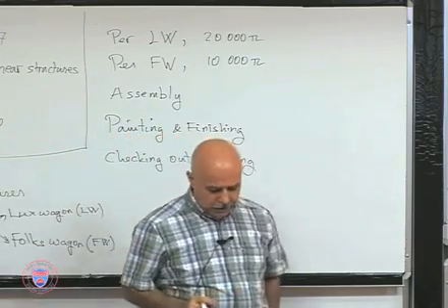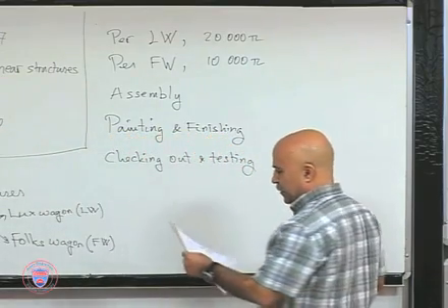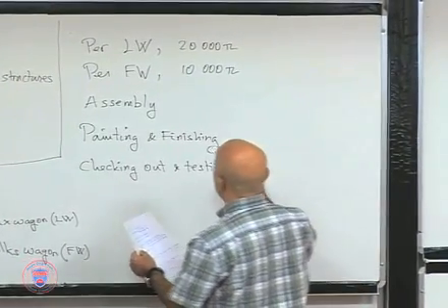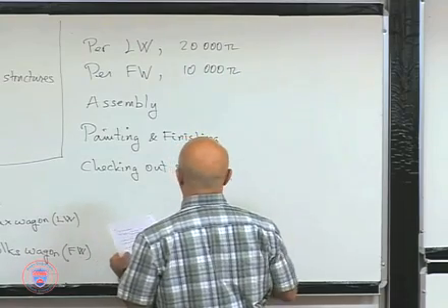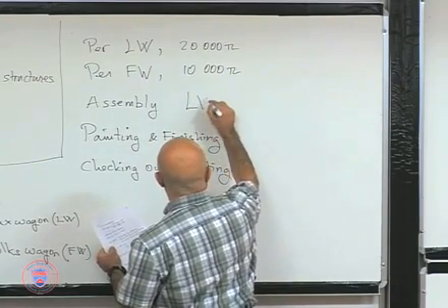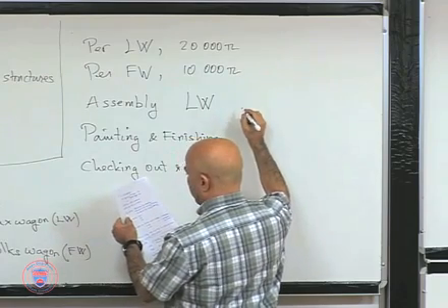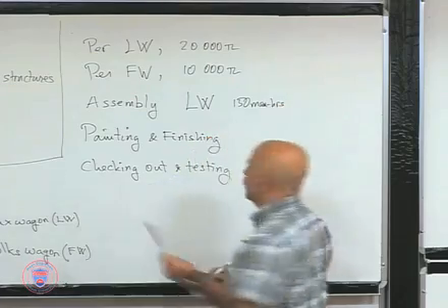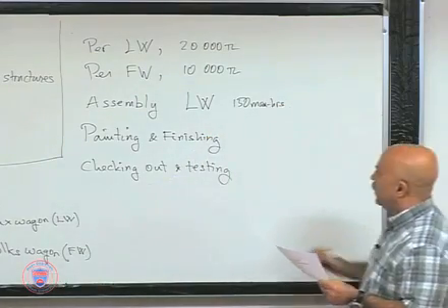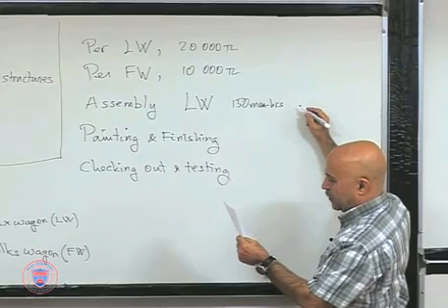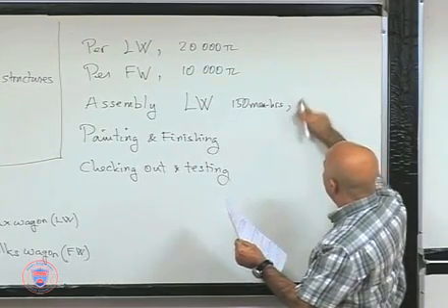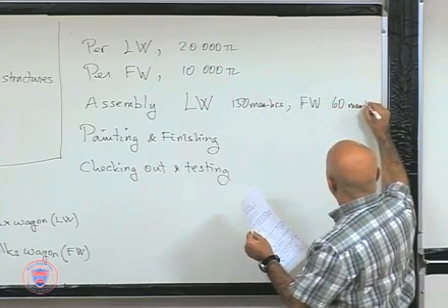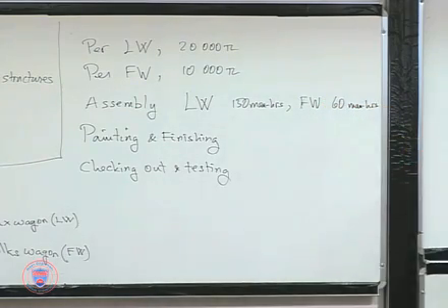Now, in the assembly department, each Lux wagon requires 150 man-hours per Lux wagon, whereas the other one requires 60 man-hours per car.